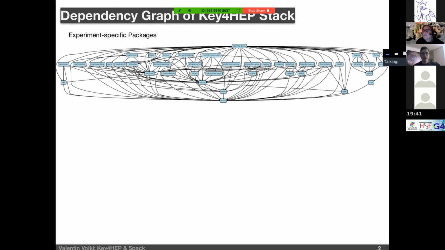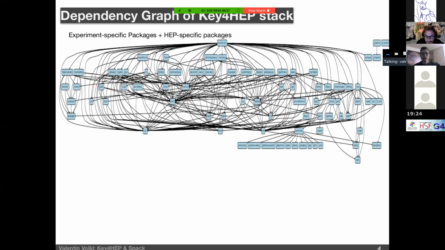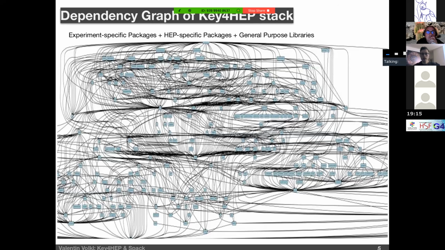I'm showing a graph here where the nodes represent experiment-specific packages in the Key4hep software stack, and the lines are the dependencies between them, including other HEP-specific packages like ROOT, so it grows a bit, and finally including all of the general purpose and system libraries. It really becomes a very complex situation.